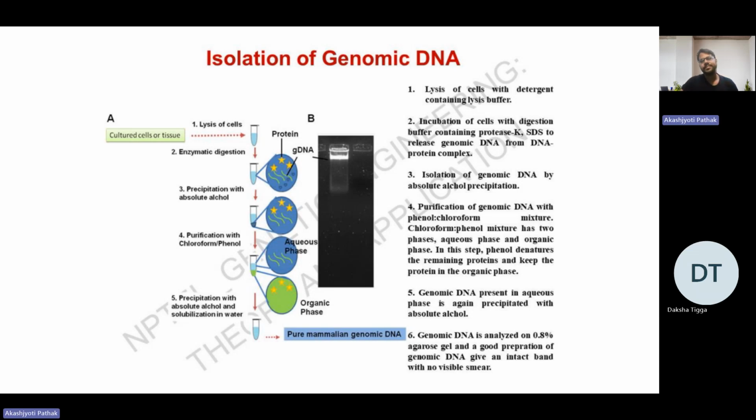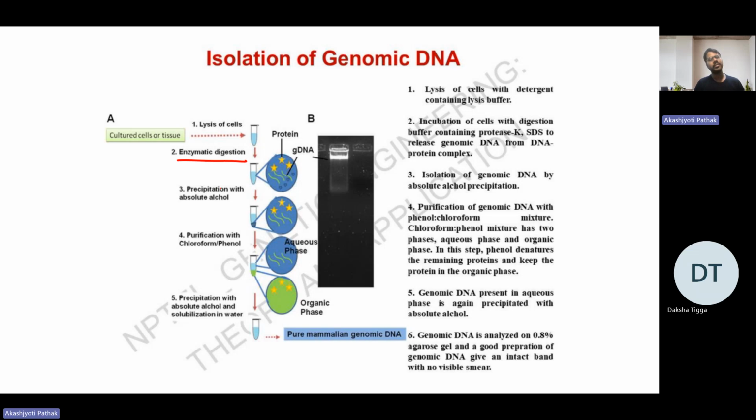Is it clear? So remember the steps. First step is lysis of the cell. Second step is enzymatic digestion. How do you do an enzymatic digestion? You treat it with proteinase K that will digest all your proteins, and after enzymatic digestion you treat it with absolute alcohol.